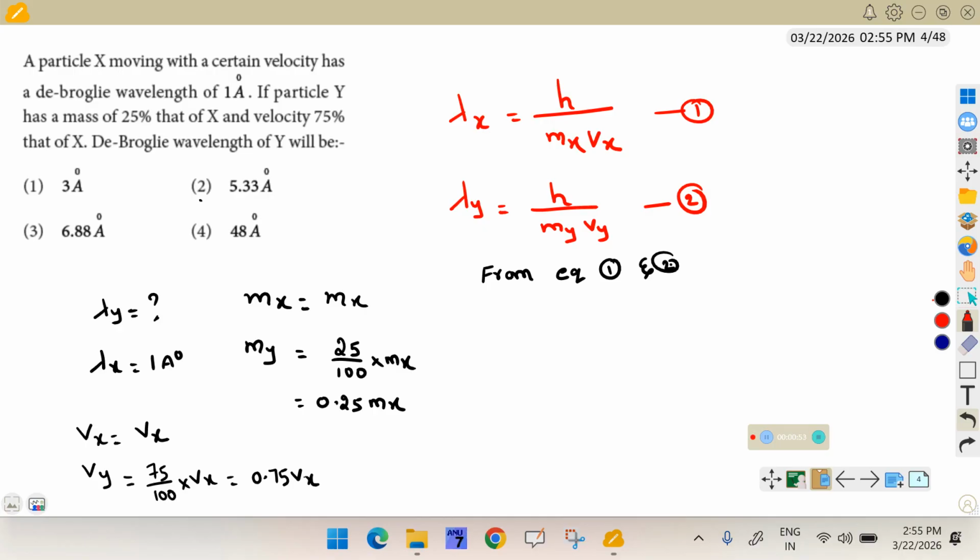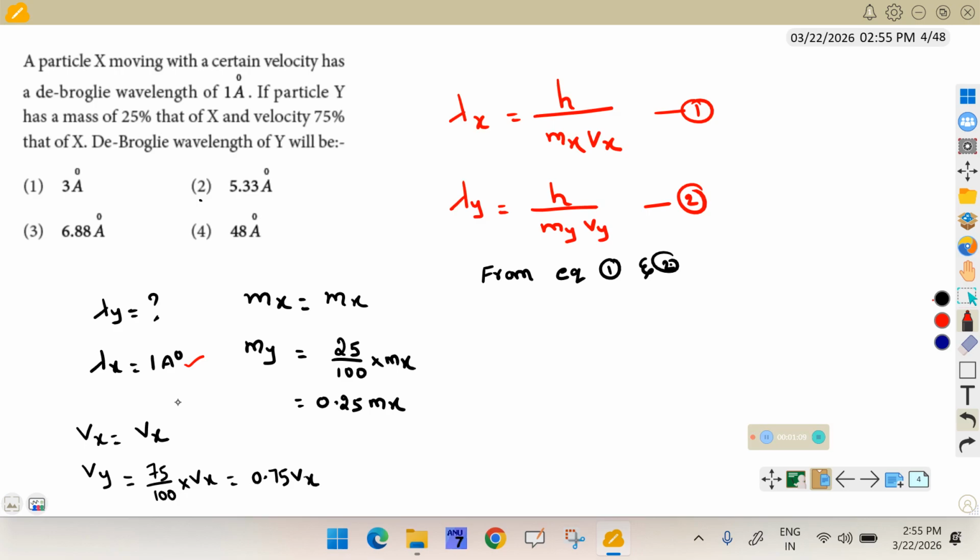A particle X moving with a certain velocity has a de Broglie wavelength of 1 angstrom. Particle X's de Broglie wavelength is given as 1 angstrom.